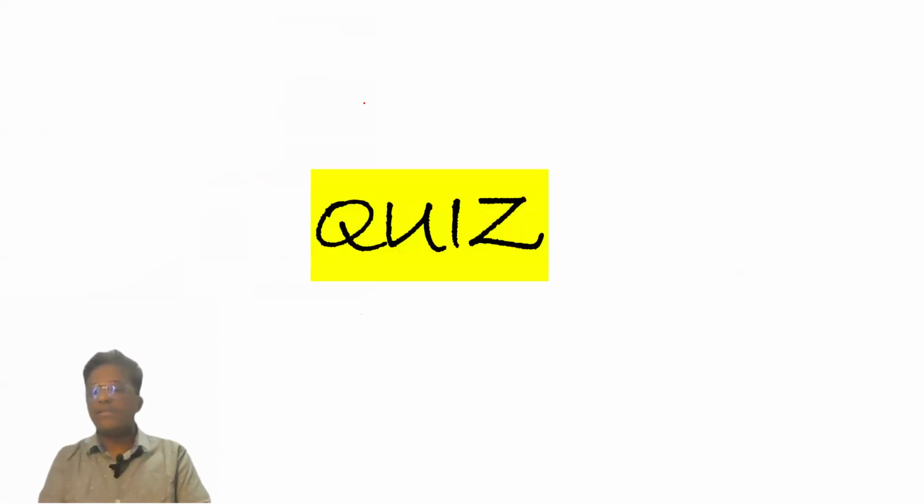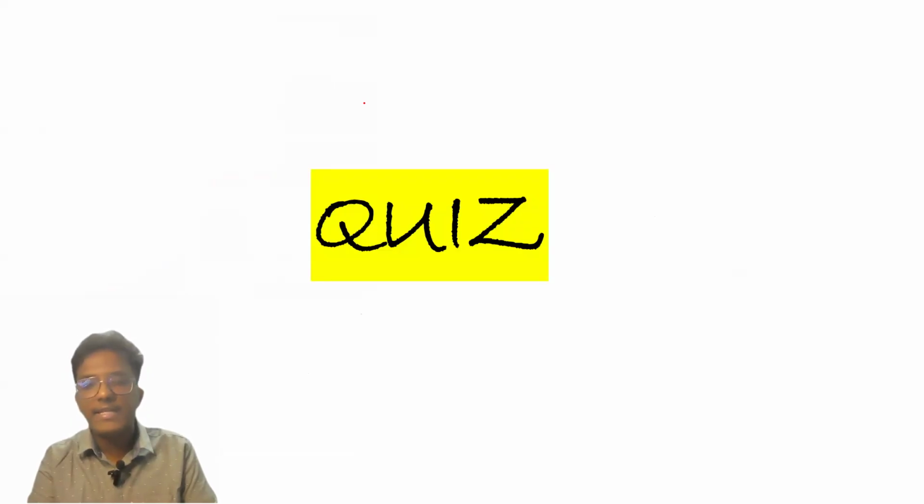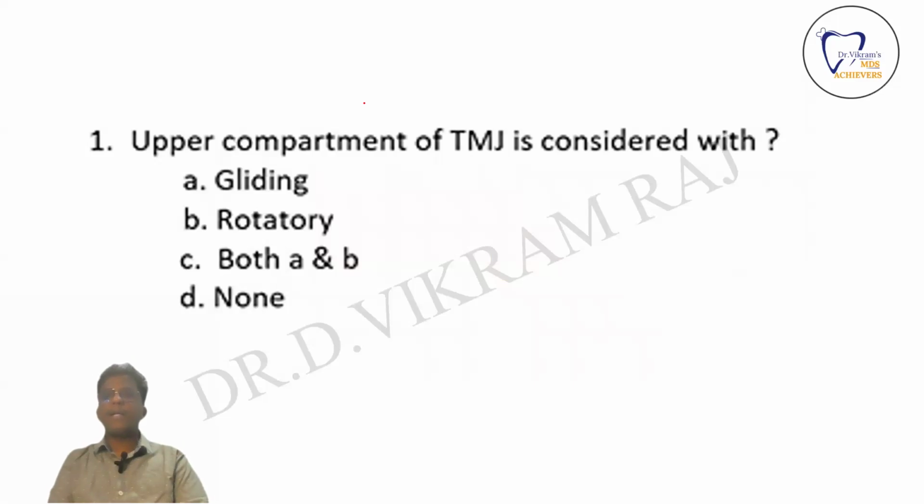Now coming to the quiz, because till now we have discussed each and every topic, and I want each and everyone to answer it. The upper compartment of TMJ is concerned with which kind of movement? Gliding, rotatory, both or none.